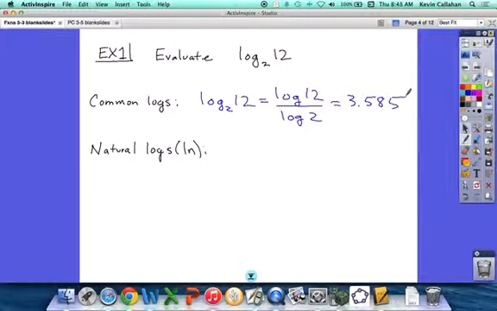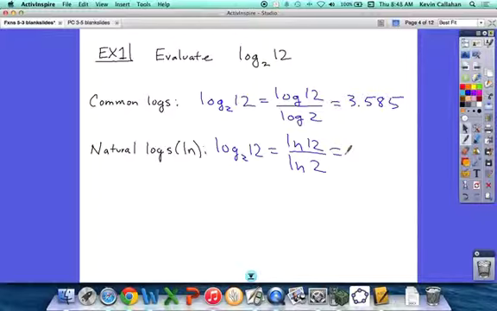How would that look if I use natural logs to convert the base? It'd be ln of 12 divided by ln of 2. So you put that in the calculator. Ln of 12 divided by ln of 2.